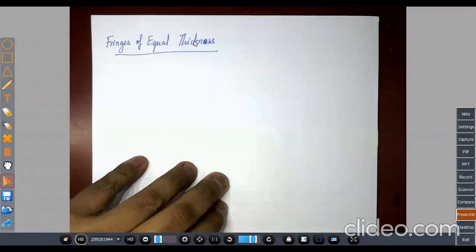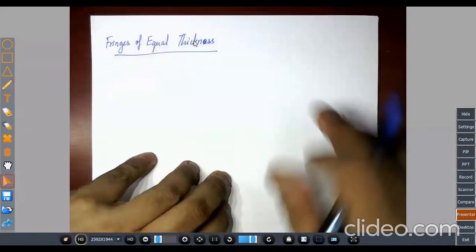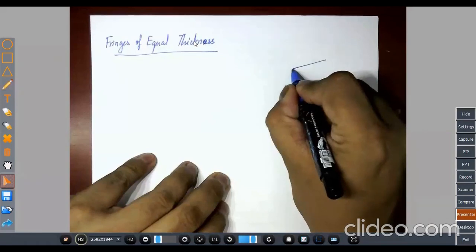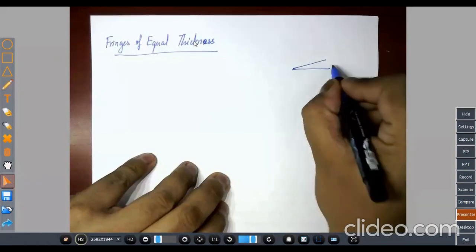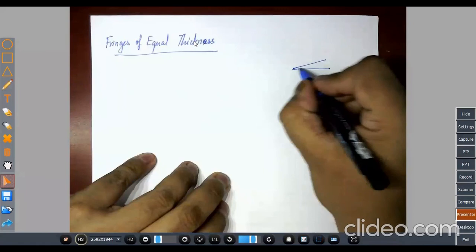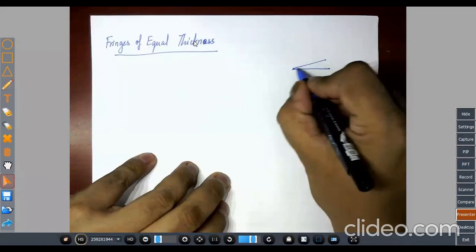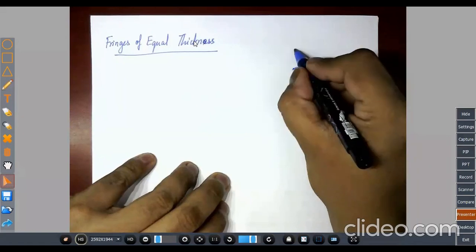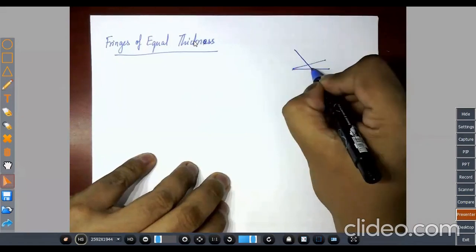Like we talked about while discussing fringes in the Michelson interferometer, we talked about fringes of equal thickness, when we have two plates which are inclined at any angle and light from the source is incident.